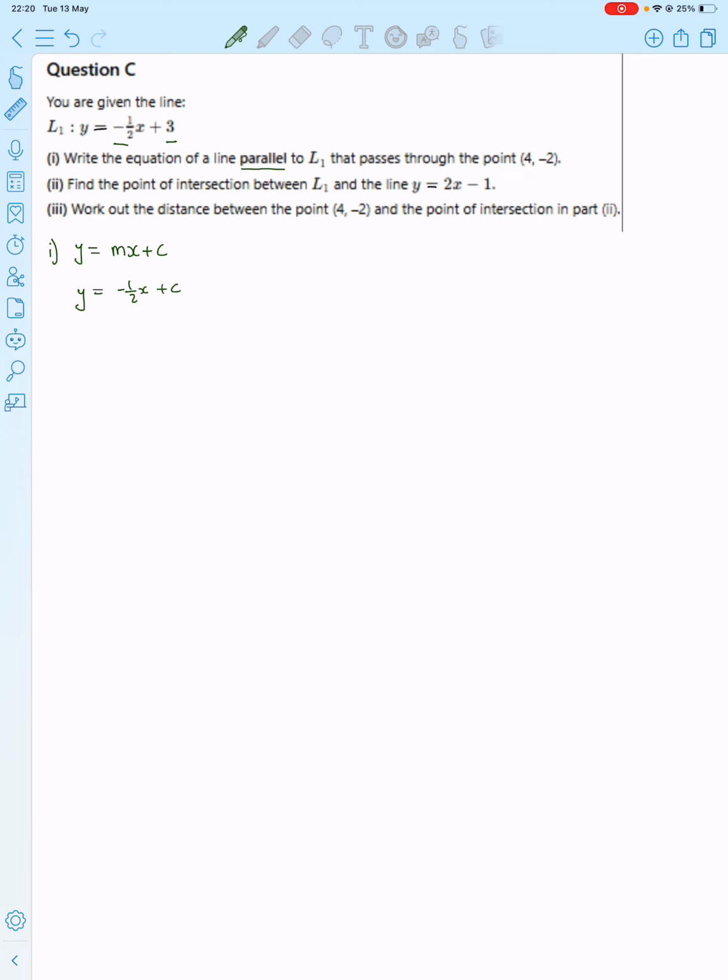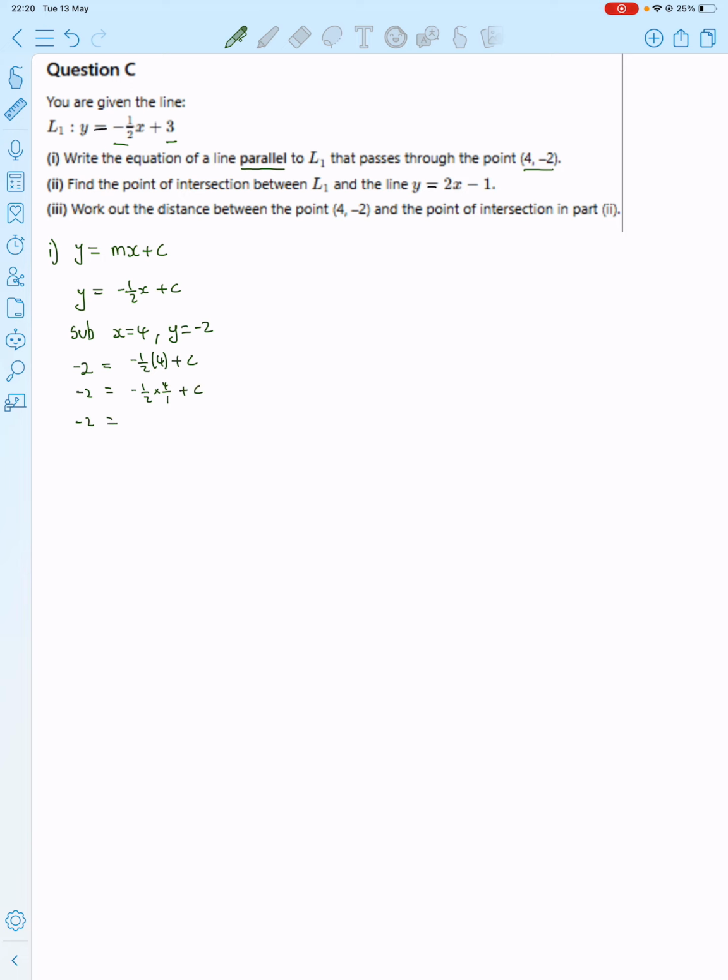And for it to pass through the point (4, -2), we need to sub x equals 4 and y equals minus 2. So we have minus 2 equals minus a half times 4 plus c. Well, that's minus a half times 4 over 1 plus c.